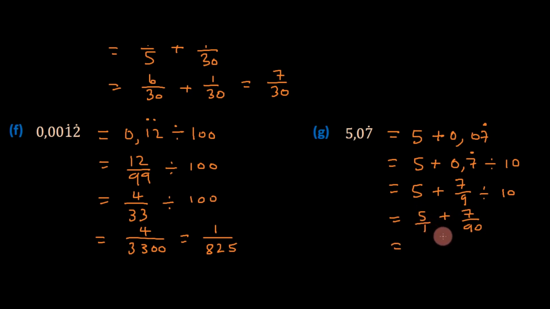This is 5 over 1. We want the denominators to be both 90. So we multiply both the numerator and the denominator here by 90. 5 times 90 is 450. So 450 over 90 plus 7 over 90. And this is 457 over 90.